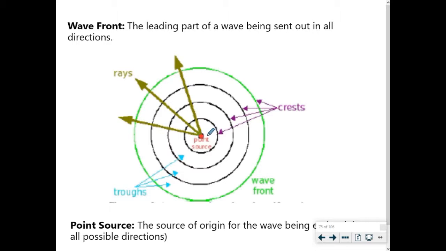What's happening in this example is that all of these concentric circles represent the crest of the wave. So if you can imagine this, this would be a wave being given off, and here it is at its highest. And then it's going to be at its lowest, and then at its highest, at its lowest, at its highest. And this is a wave that was taking off basically in that direction.